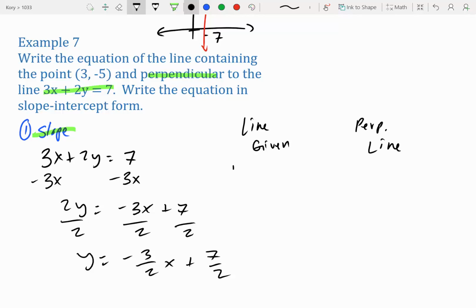The line given, the m, is negative 3 over 2. So for it to be perpendicular, you flip it and change the sign. If we flip it, it's 2 over 3, and negative becomes positive. So our m that we're going to use is 2 over 3.